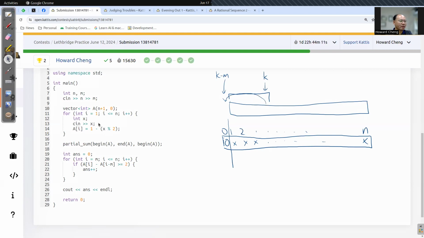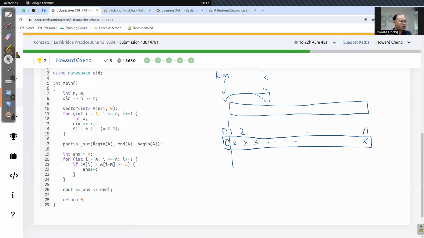If it's odd, remember these numbers are positive, as the problem statement says, then percent 2 gives you 1, and 1 minus 1 is 0. So we turn even into 1s and odd into 0s, which is what I was trying to do.